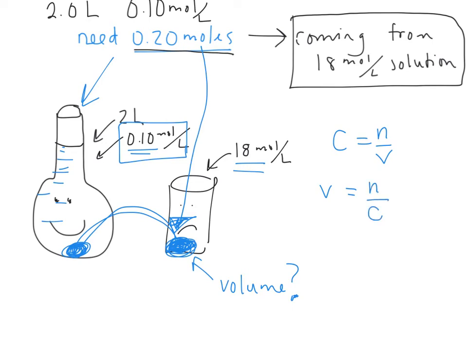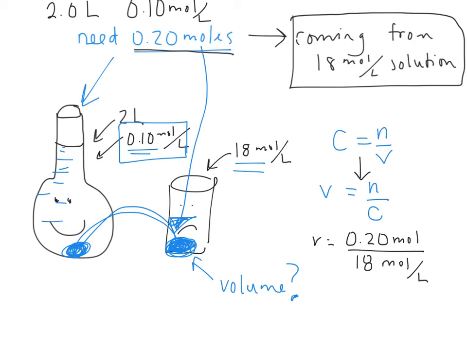Again, don't memorize. Think about the units. You are rearranging this, so if you do have trouble rearranging, you got to come see me. So the volume that I'm solving for is going to be the molar amount that I need to remove from my concentrated solution, and the concentration of that concentrated solution is 18 moles per liter.